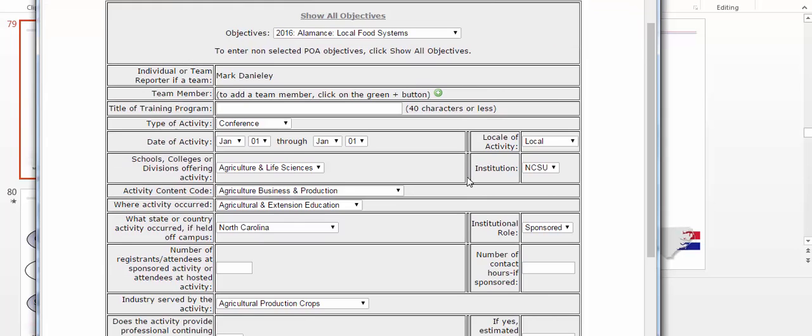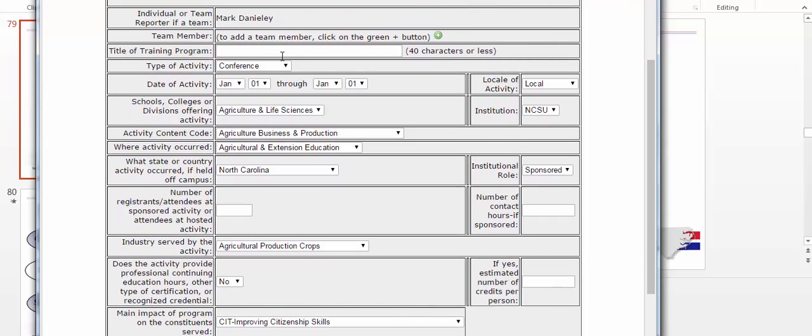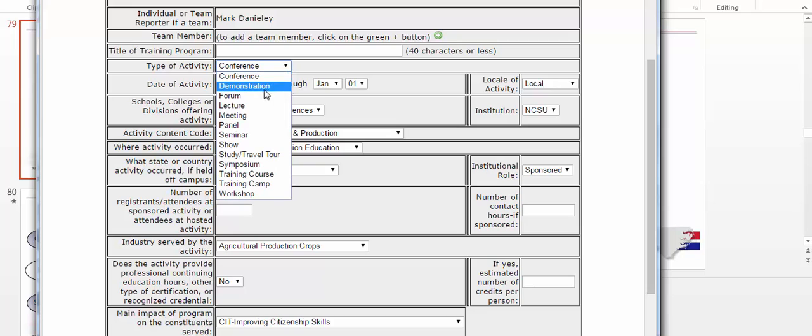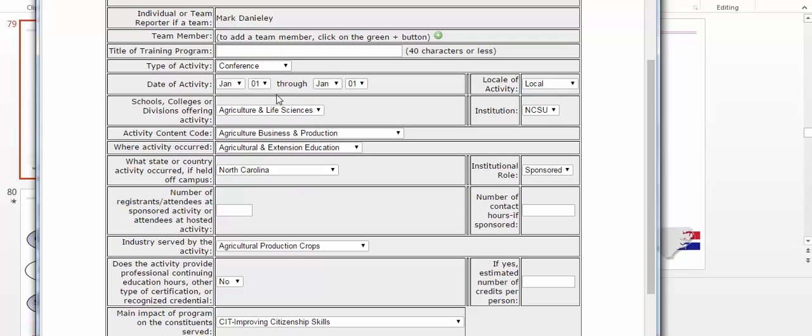What it looks like. So again, you can title the program. You can determine whether it's a demonstration, a seminar, a workshop, or whatever it might be. You can put the date of the activities. If it's one day, you just include the same day. Whether it's local, statewide, national, or international.